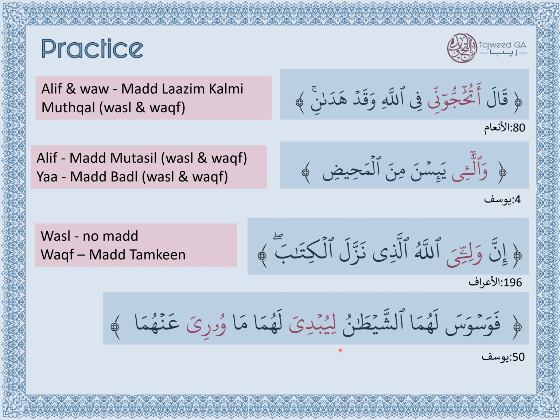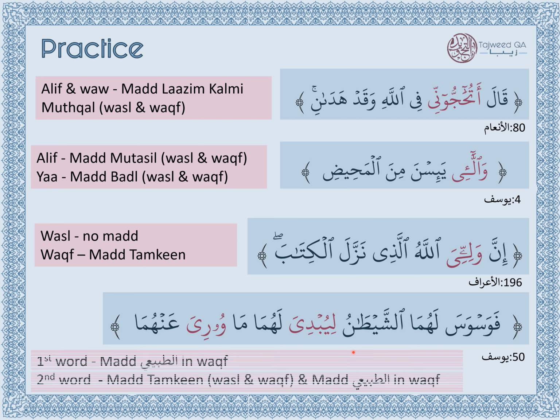So here we need to identify which mad letters we have here. So on the first word, liyubdiya, in stopping, we stop with sukoon on the ya, and it's preceded by a kasra, so we have mad tabi'i in stopping only. And on the second word, on the first waw, we have mad tamkeen in wasl and waqaf.